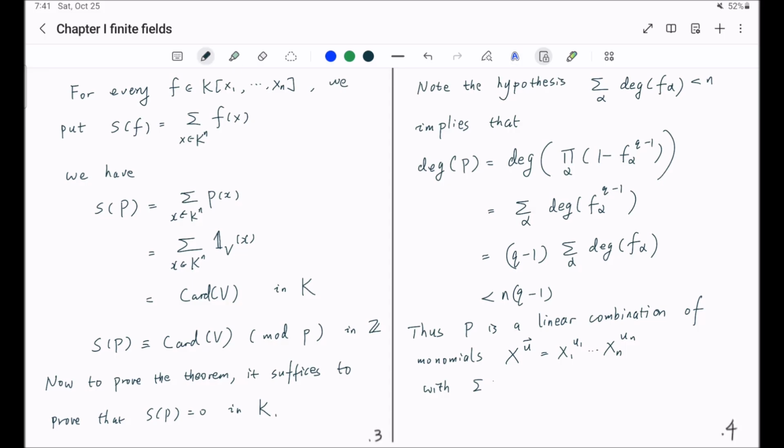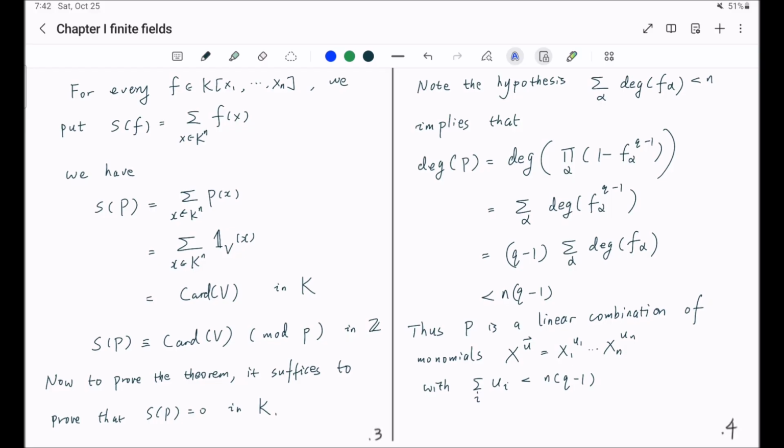So the sum of u sub i's must be strictly less than n times q minus 1. In order to show that S of P is equal to 0 in K, by linearity of S from its definition, it suffices to show that S of this x^u is equal to 0 for any u satisfying that the sum of its components is less than n times q minus 1.